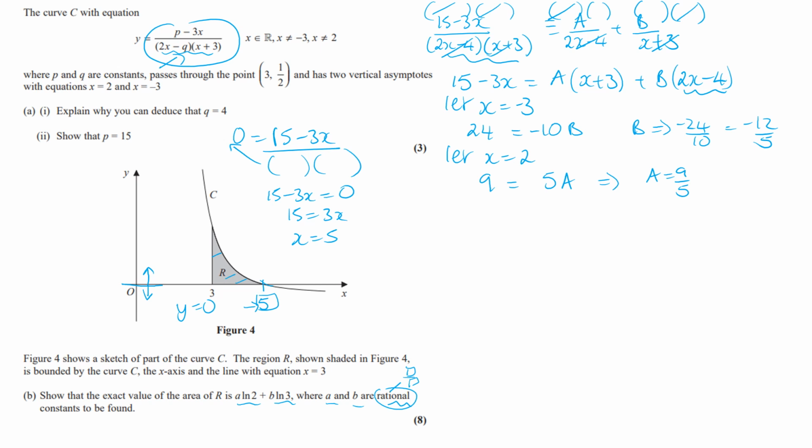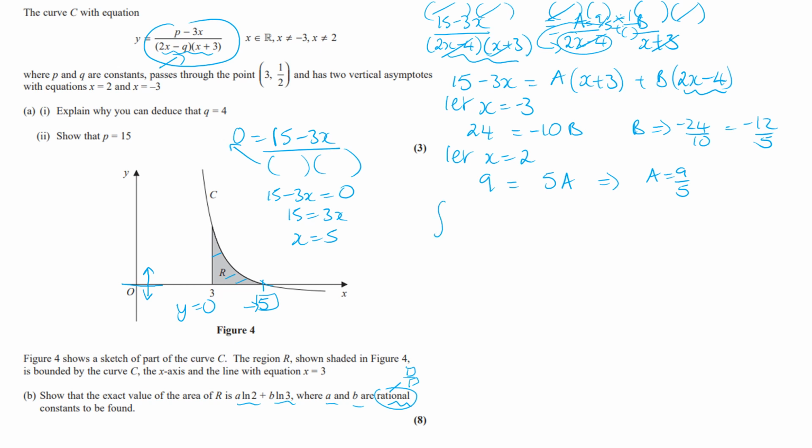Now putting them in as the a and b, if you put a in as 9 over 5, it's going to be 9 over 5 divided by this denominator, which is the same as times by the denominator. What happens is that the 5 just joins in with the bottom.